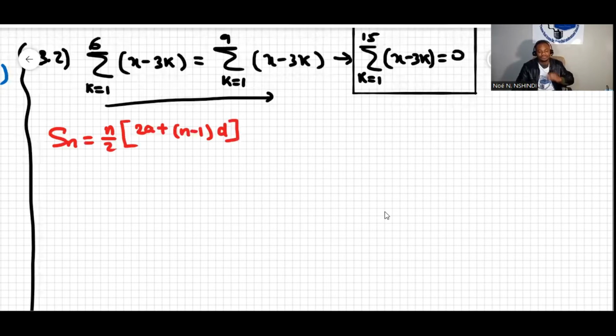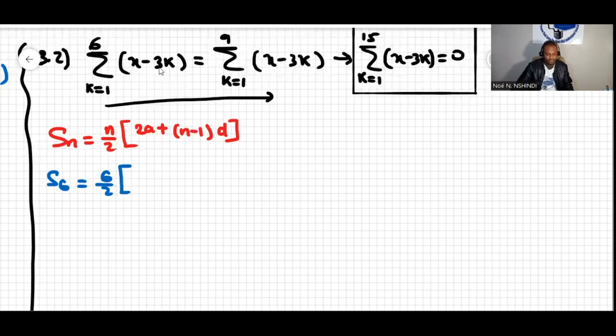So we can work out S. So this implies that S6 will be equal to 6 over 2, okay, 2a. a is the first term of this sequence, so it means when k equal 1, we sub 1, there's going to be x minus 3.